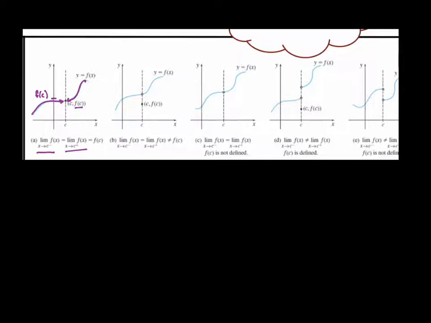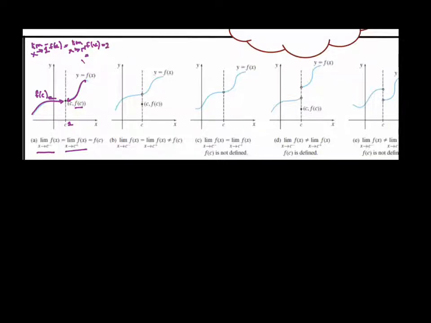So let's put a number in here. That could be 2, and let's make this 1. If we're putting numbers in, the limit as x goes to 1 of f of x from the left is equal to the limit as x goes to 1 from the right of f of x, and they're both equal to 2.